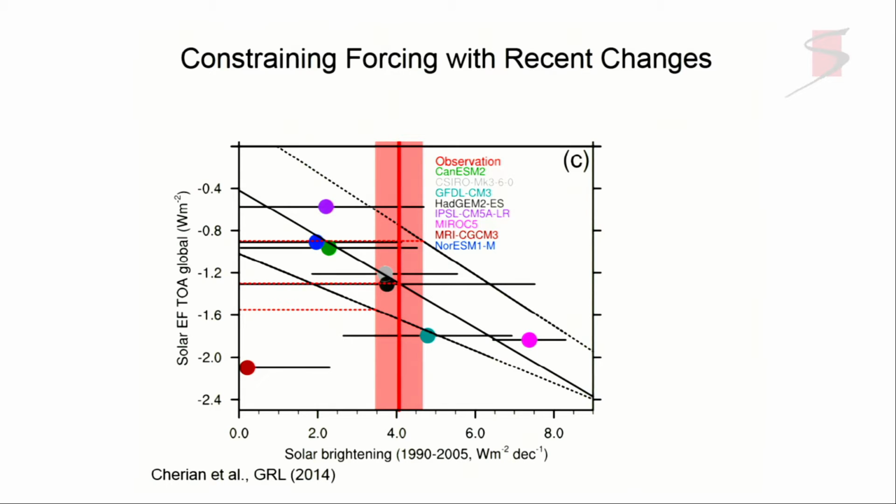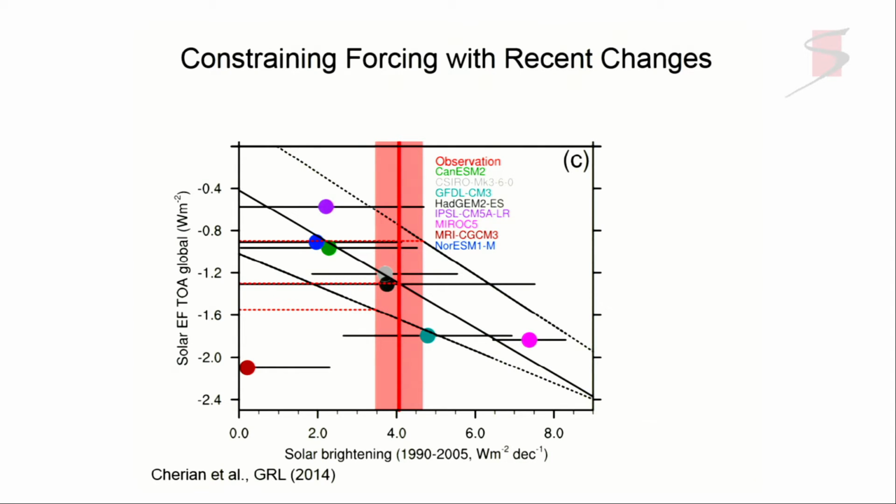And then you can overlay that, again similar to the S-pop we showed earlier. This is now the observational constraint. And then the models, well, it depends if you can throw that one out. But if you do throw that one out, you can sort of believe there's a robust relationship between this solar brightening over Europe, which is measurable, and essentially the global aerosol response.